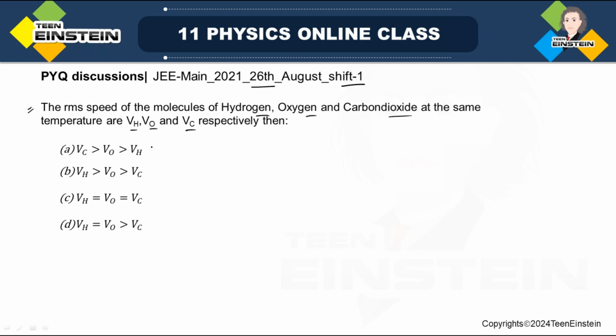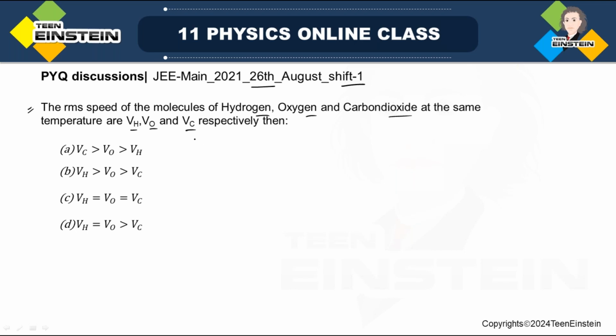Then which of these four relations will be correct? Which one will be correct out of these four? So VH, VO and VC, these are RMS speed of hydrogen molecule, oxygen molecule and carbon dioxide molecule.